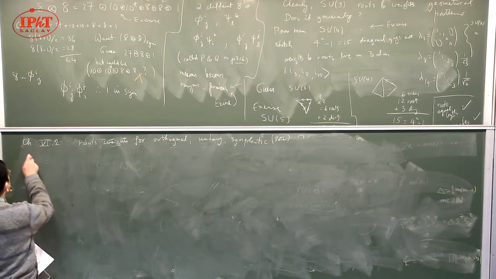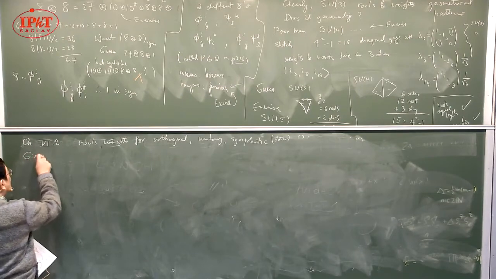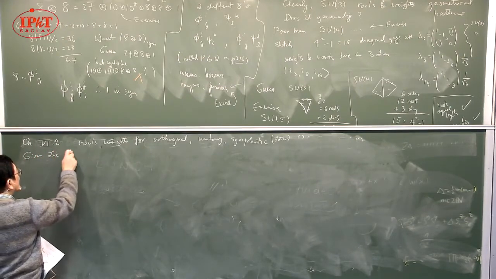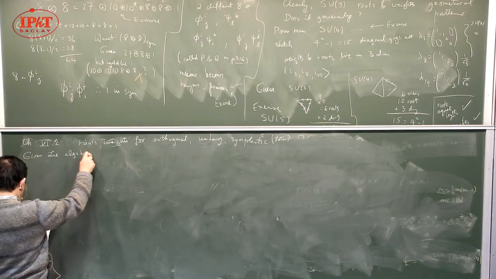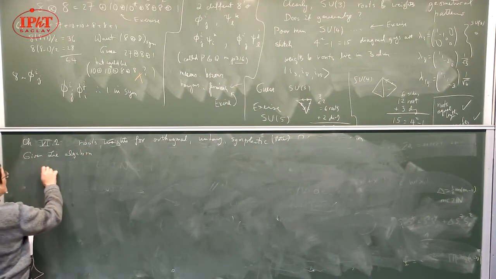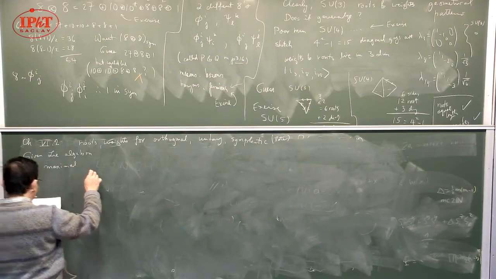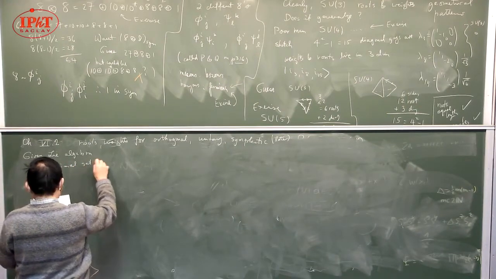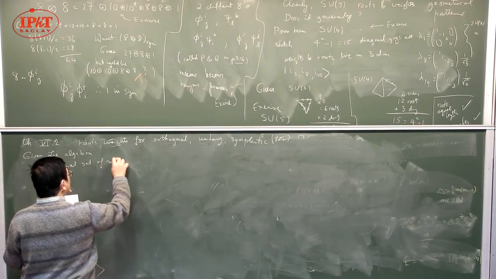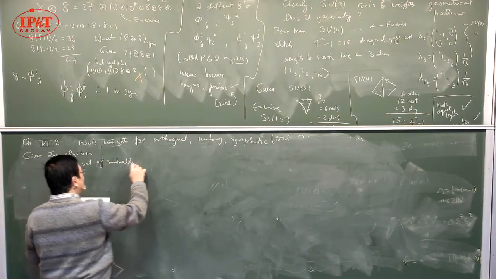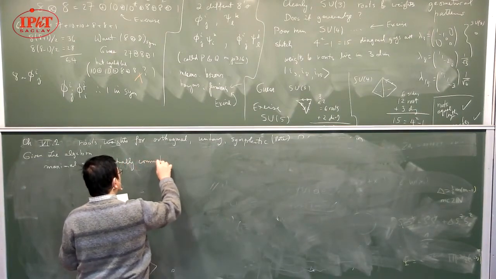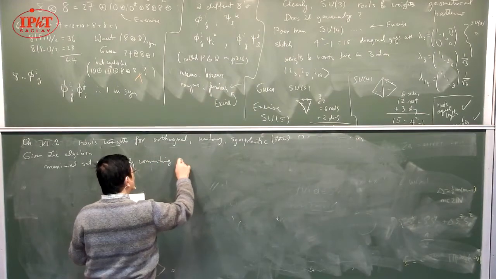So given a Lie algebra, like for example SU2 or SU3, what do we do? We find the maximal set of mutually commuting generators.